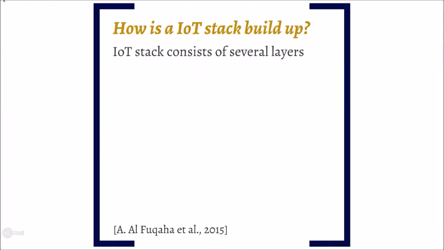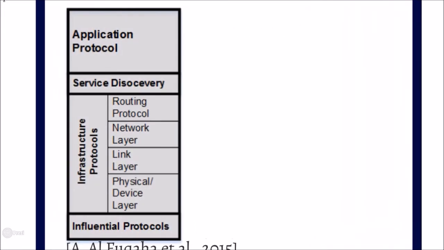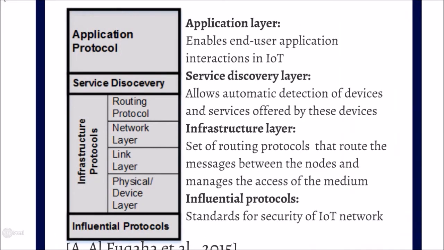So how is the IoT stack built up? An IoT stack consists of several layers, each with their own tasks. The higher up the layer, the more abstract is the communication between the nodes. So the top layer is the application layer. The application layer is responsible for end-user application interactions in the network.